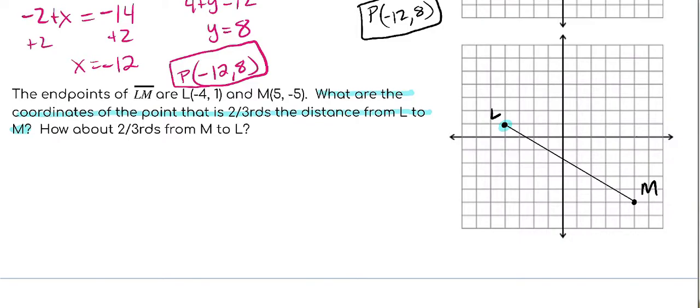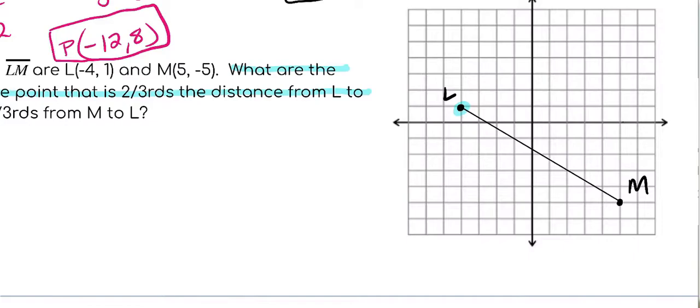So I'm going to want to start at L for this one. And like I said before, we're going to be basing this off of slope. Slope is a change in x and a change in y. Usually slope we think rise over run, so we can look at the vertical change first or the horizontal. It doesn't really matter.